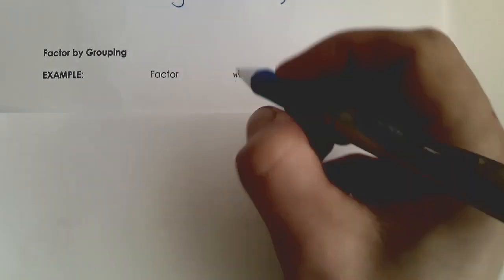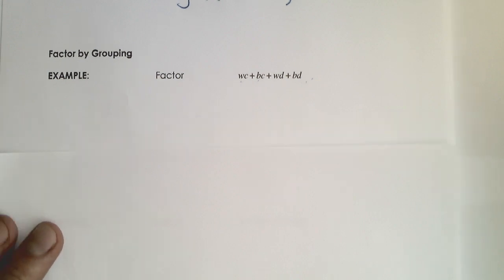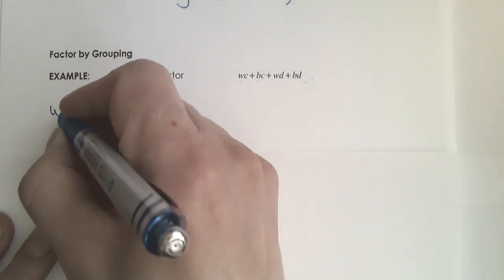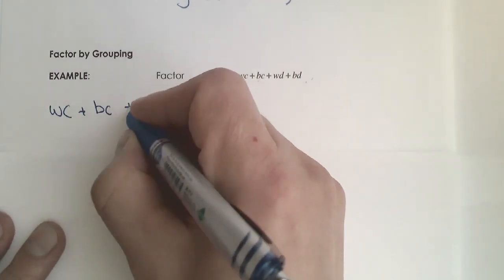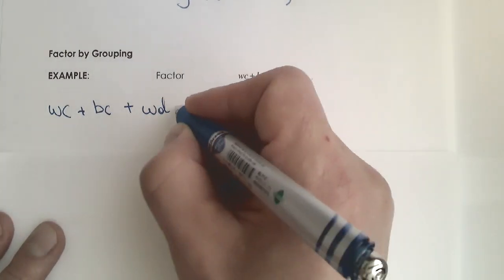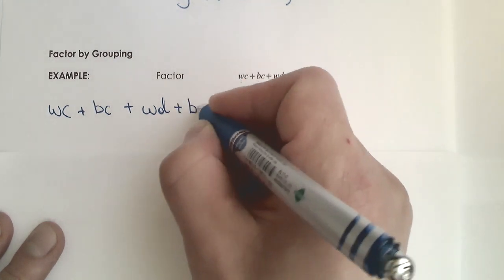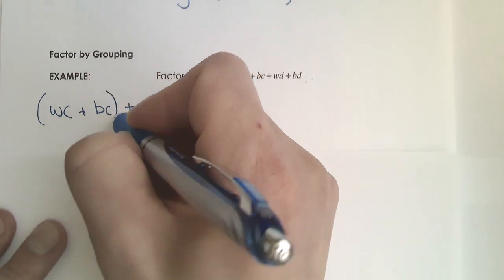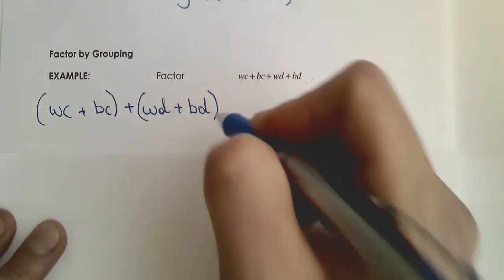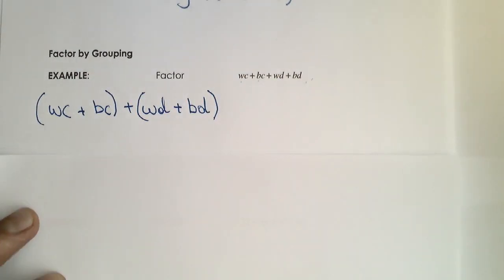I will group the terms that have a common factor. So one way of doing it is I will quickly rewrite this: WC plus BC plus WD plus BD. What I'm going to do is group these two together and these two together, and then factor out the common factor.